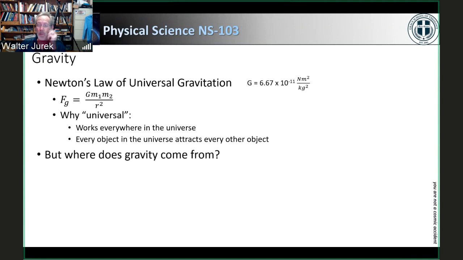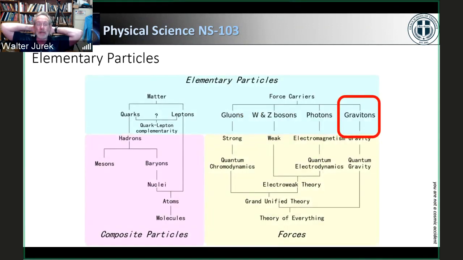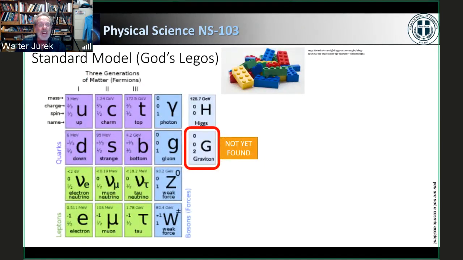And so let's go look at where gravity comes from. There are two theories. The first, which I've already introduced to you, is the idea of gravitons. Just like the gluon is for the strong nuclear force, the photon is for the electromagnetic force, and the W and Z bosons are for the weak nuclear. There's the idea that there's this particle called the graviton. The trouble is we haven't found it yet.